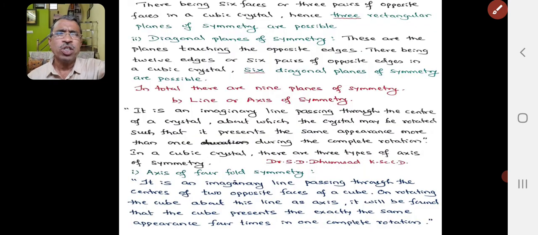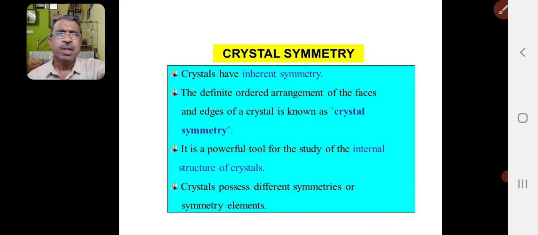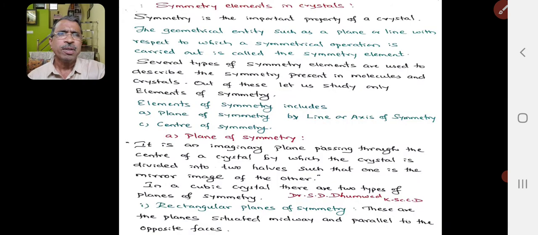Keeping this point in mind, now coming to the plane of symmetry. It is an imaginary plane passing through the center of a crystal, by which the crystal is divided into 2 halves, such that one is the mirror image of the other.